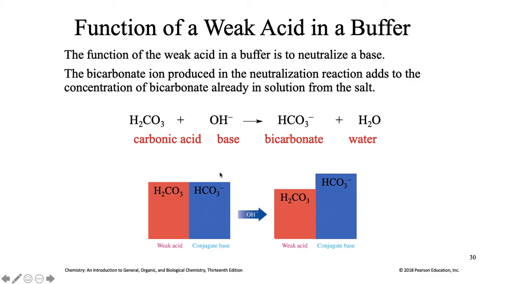This is the scenario when the OH minus is added. My initial concentration of the weak acid goes down a little bit because it is consumed by the base that's added, and I produce a little more of the conjugate base, so that concentration goes up a little bit.